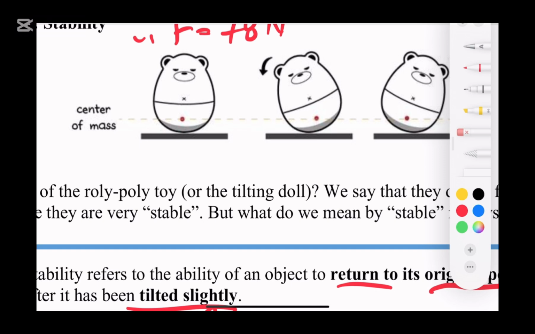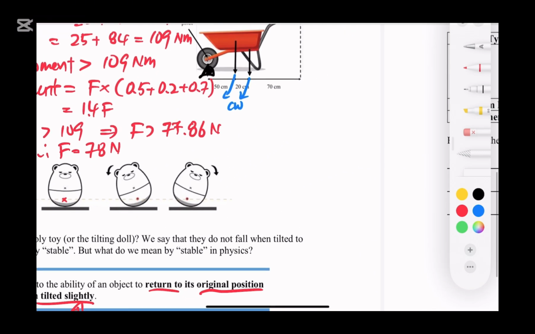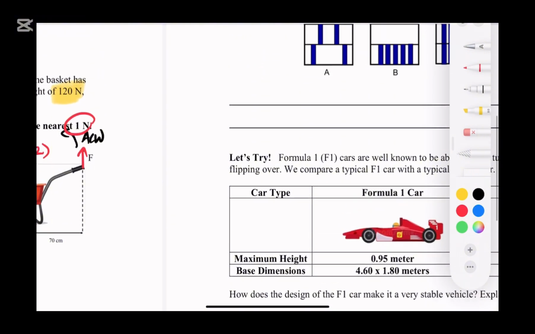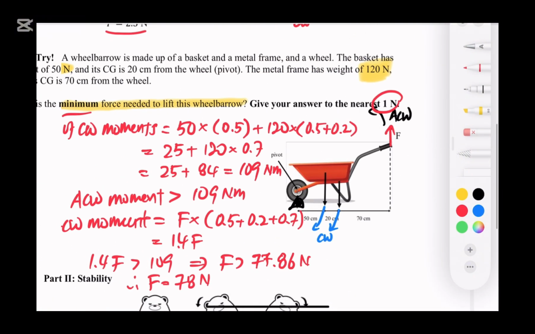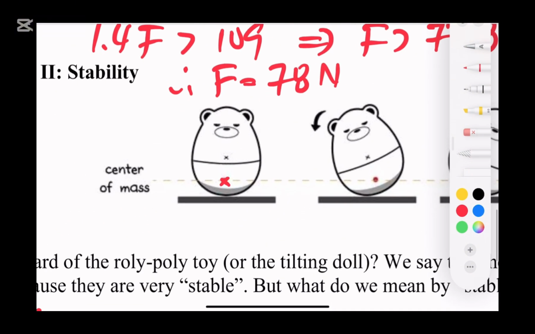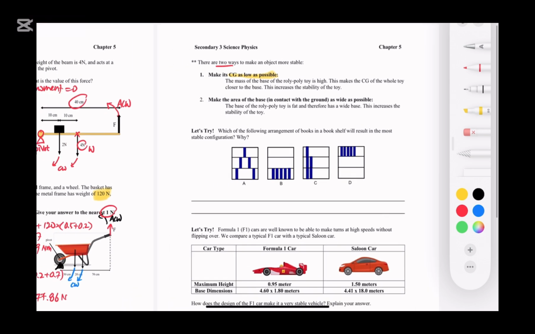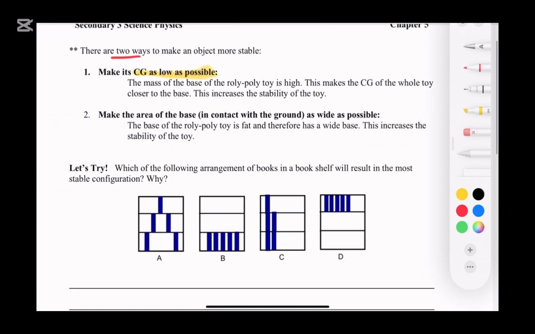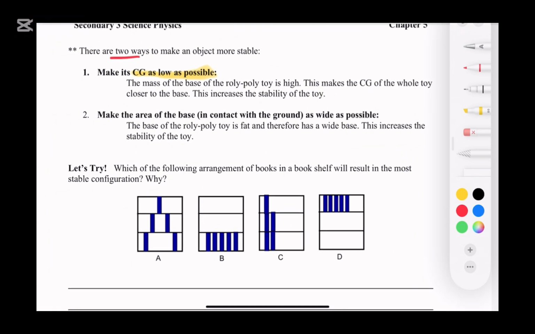So when the base is heavy, the CG is no longer right smack at the center, but rather it has been shifted downwards to somewhere nearer to the base because the base is heavier. There's more mass distribution towards the base. So the CG is lower than if you did not make the base heavier. So having a lower CG will make it more stable. Okay, so that's number one.